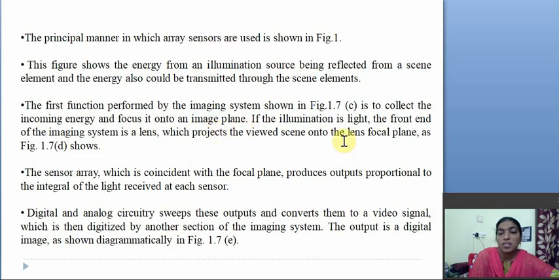If the illumination is light, the front end of the imaging system is a lens which projects the viewed scene onto the lens focal plane, as figure D shows. The sensor array, which is coincident with the focal plane, produces outputs proportional to the integral of the light received at each sensor. Digital and analog circuitry sweeps these outputs and converts them to a video signal, which is then digitized by another section of the imaging system. The output is a digital image as shown in figure E.